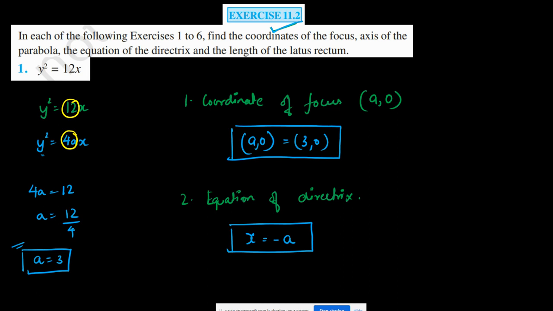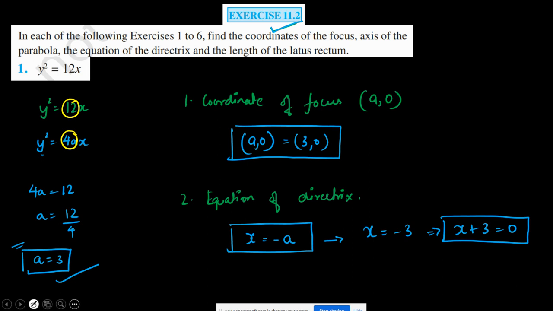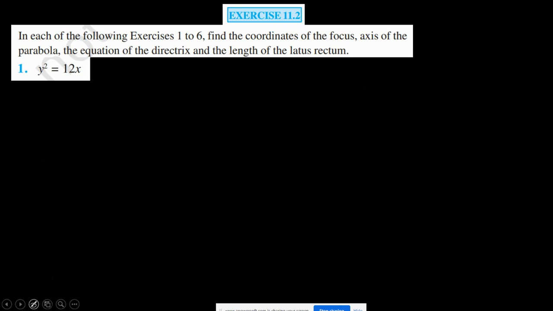Next, I can write x is equal to minus a. A is equal to 3. Substituting the same, x will be equal to minus 3. This can be written as x plus 3 is equal to 0, since the value of a I have already found out to be 3. Now, the length of the latus rectum also has to be found out.